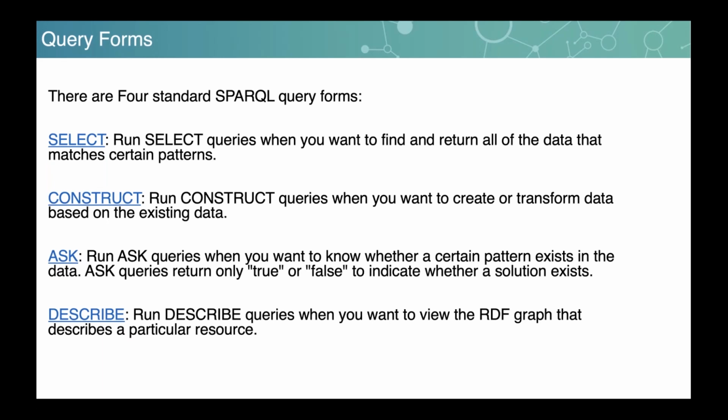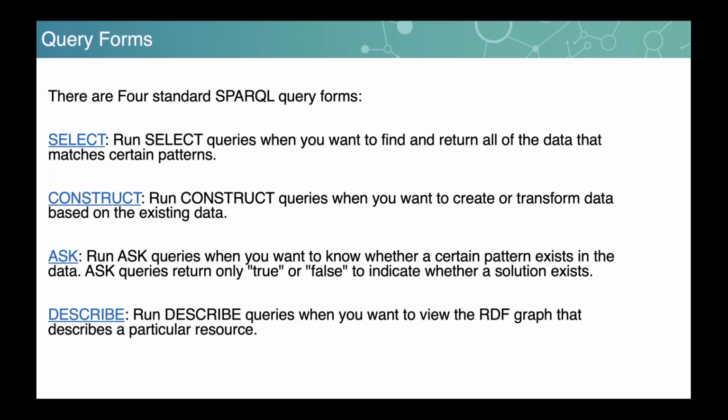The ask just returns a true or false if something exists or not. So it may be a very complex where graph pattern that you've built, but it's only going to return a true or false. So sometimes you may want to query an endpoint, or you may want to query your AnzoGraph database and just get a yes or no answer if that graph pattern is satisfied.